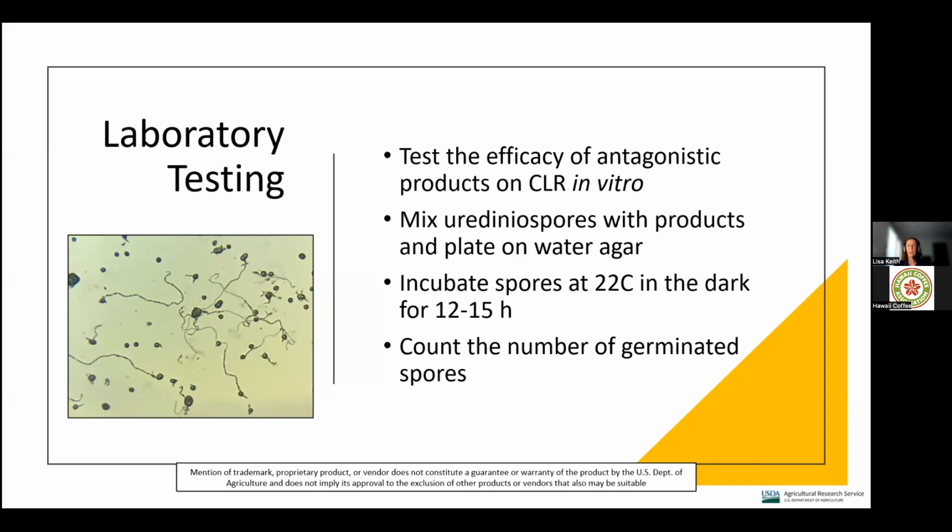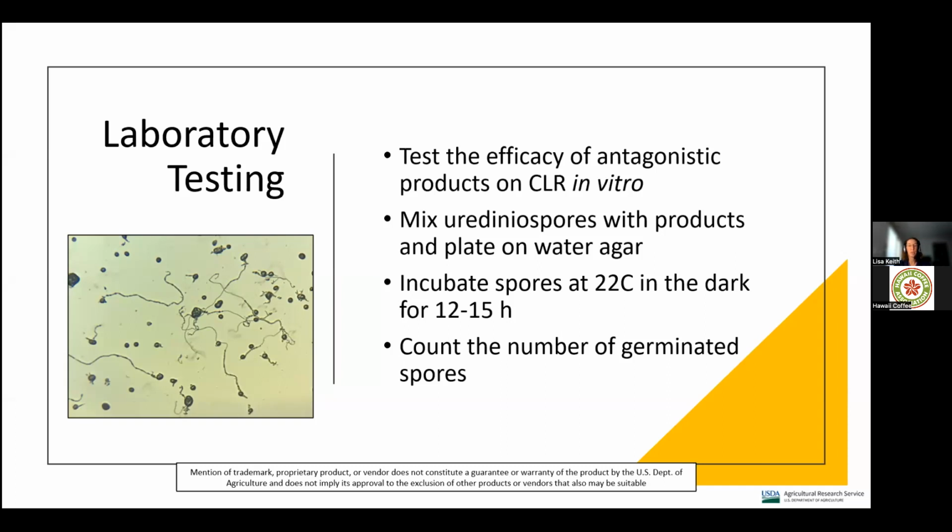Okay, for laboratory testing, it is the best way, maybe the quickest way, to help prioritize what to look at in the field. Essentially, we collect fresh spores, we mix them in a tube with whatever product we're interested in testing, and we want to see, well, first and foremost, will it kill spores? Not every product works in that manner, and that's important to note when you're doing your testing.